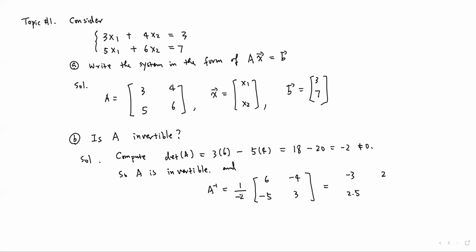And -1/2 times 3 is -1.5. The inverse is this matrix. Now question C. Solve the linear system.